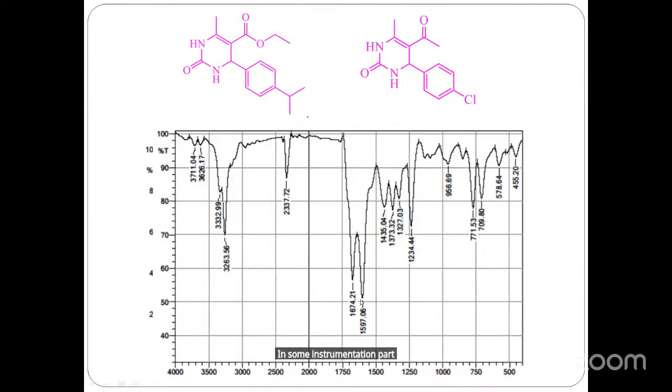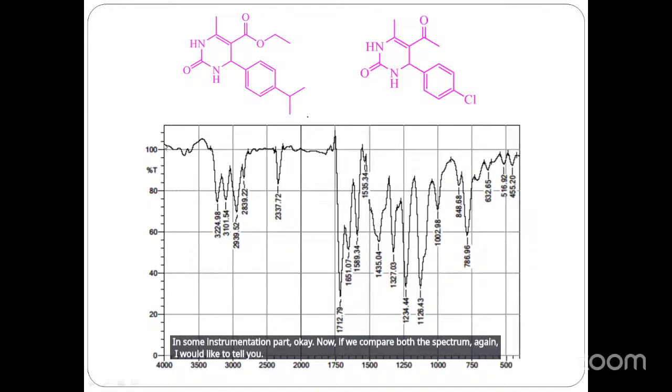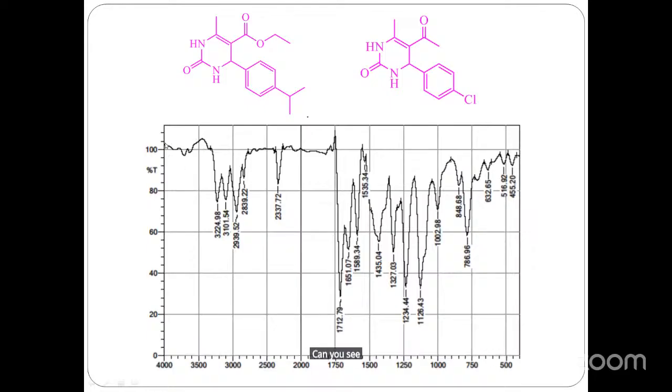Okay. Now, if we compare both the spectra, again I would like to ask: can you see these two small peaks which are close to 3700? Can you see these two signals which are not labeled by the analyzer?